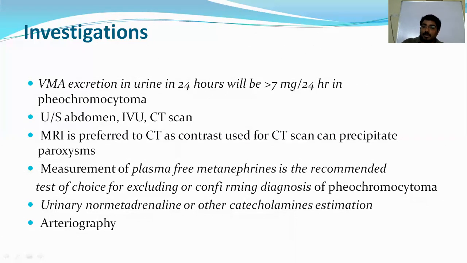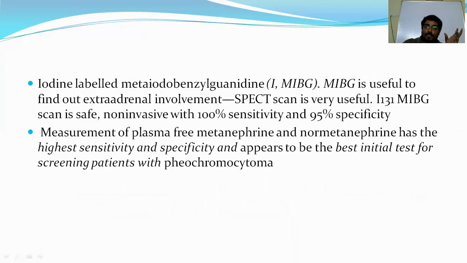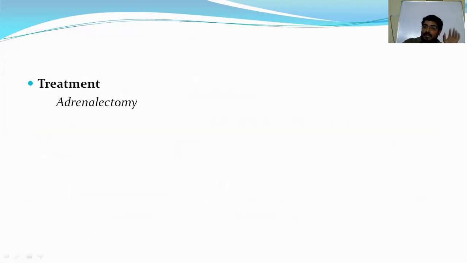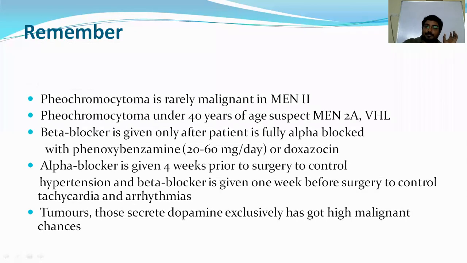Urinary nor-metanephrine and catecholamine estimation, arteriography. These are the investigations for pheochromocytoma. And iodine-labelled MIBG scan and plasma metanephrine levels. And treatment is adrenalectomy.